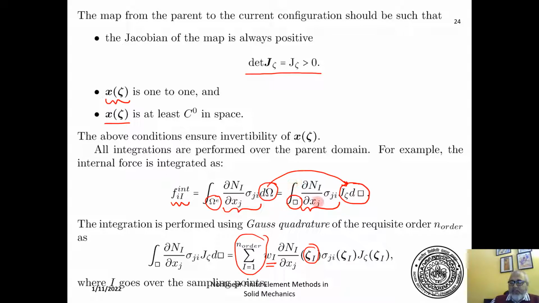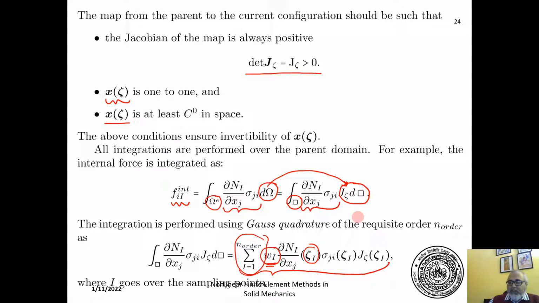This domain for rectangular elements and cubical elements is always -1 to 1 for zeta 1, zeta 2, zeta 3, and therefore these weights here and these sampling points are always fixed. They are predetermined from the Gauss quadrature tables that we have access to, and based on that we can do this integration as a summation over Gauss points weighted by these weights.